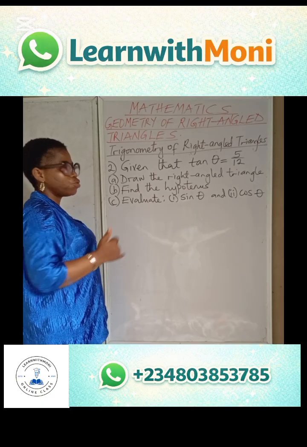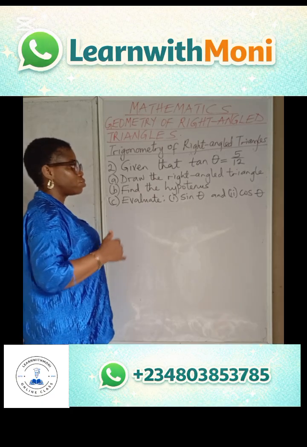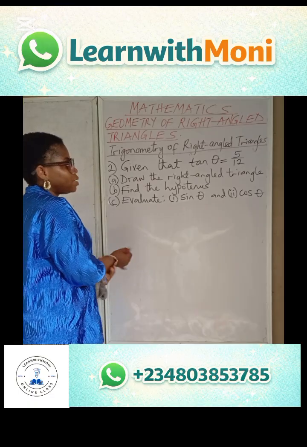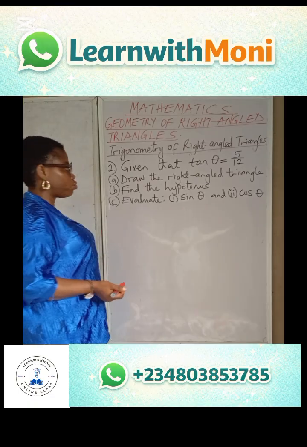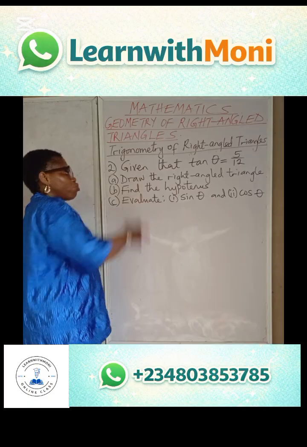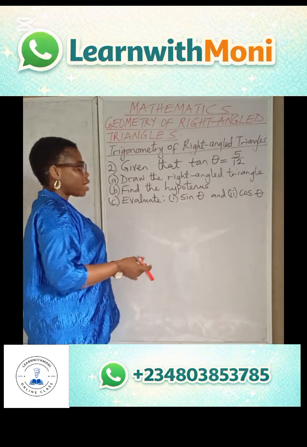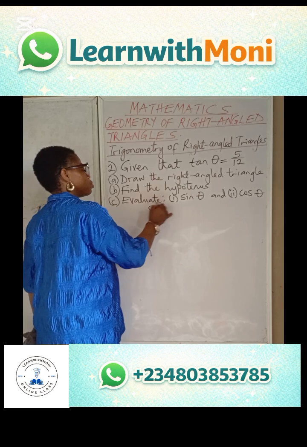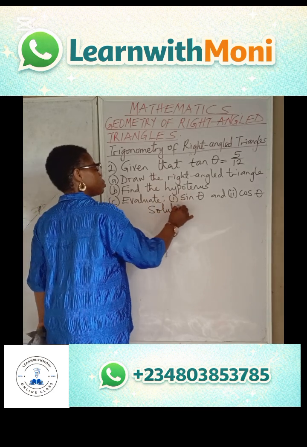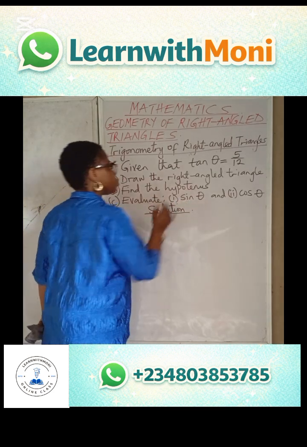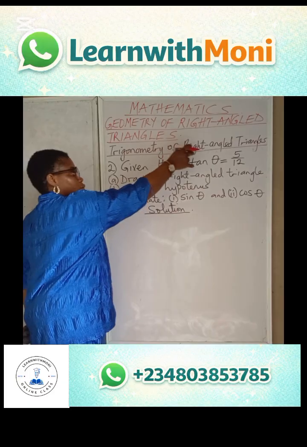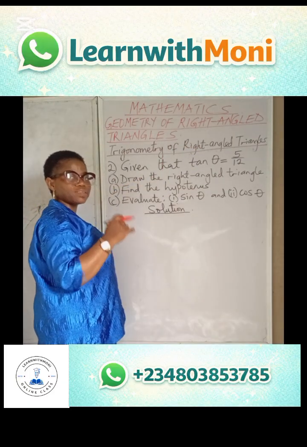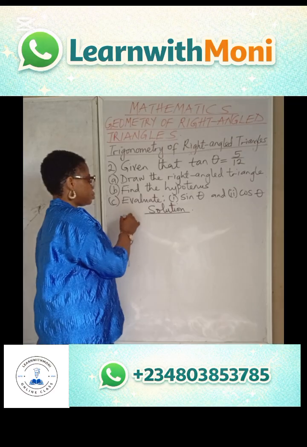This is another example on trigonometry of right-angled triangle. You are given that tan theta is equal to 5/12, and you are asked to draw the right-angled triangle. We know that the trigonometric ratio for tan is TOA.